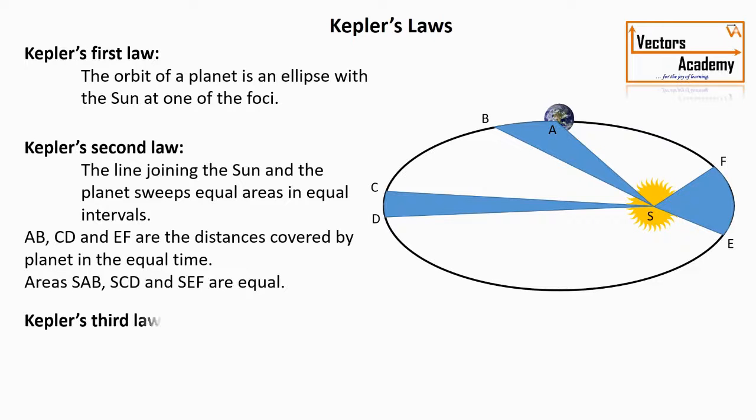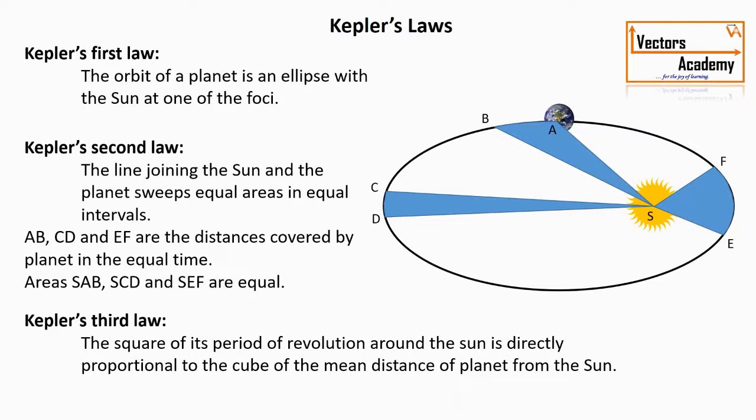Okay, now the third law. The third law states that the square of its period of revolution around the sun is directly proportional to the cube of the distance of the planet from the sun. It means the square of the time required for one revolution of the planet, that is denoted by T. Okay, for Earth the T is 1 year. The same way for each planet there is a different amount of time which is required to complete one revolution, and that is directly proportional to the cube of the mean distance of the planet from the sun.